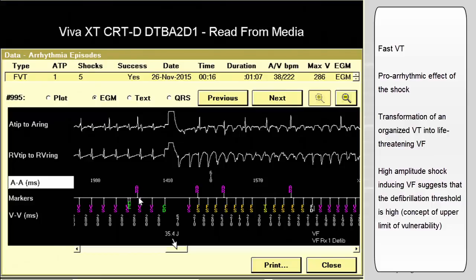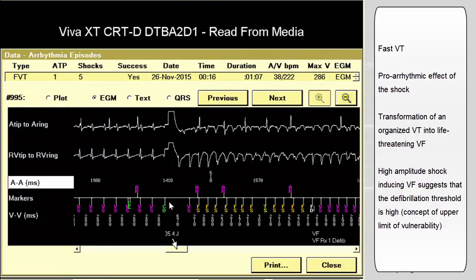This atrial vulnerable period has been designed to avoid delivering an electrical shock during the vulnerable atrial period, with the risk of inducing an atrial fibrillation. This is why the shock is not delivered on the second, but on the third ventricular tachyarrhythmic event.